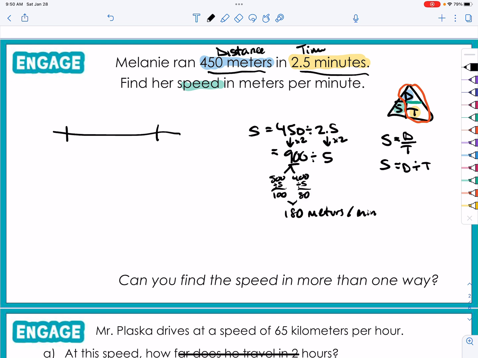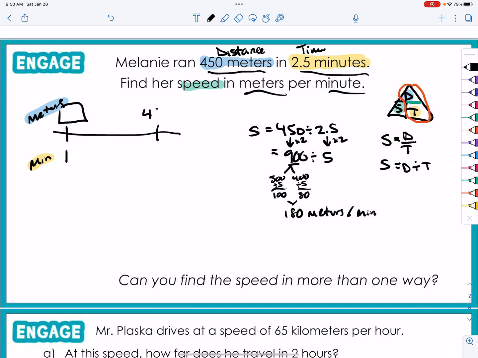So if we were to double check ourselves, using our rate line from earlier lessons, we're doing meters per minute. And if I look at this, that seems to match up. We have distance per time, or distance on top of time, and that's great. So the question is how many meters in 1 minute?